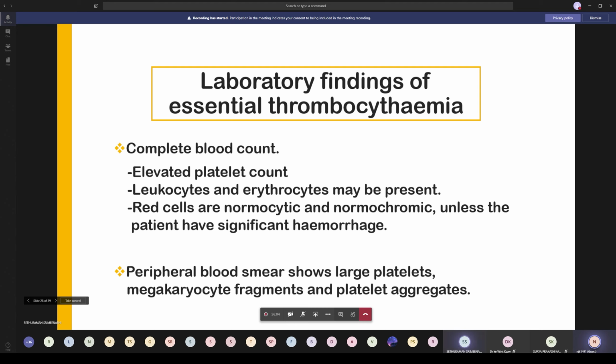Laboratory findings of essential thrombocythemia. Complete blood count and peripheral blood smear shows large platelets, megakaryocyte fragments, and platelet aggregates.